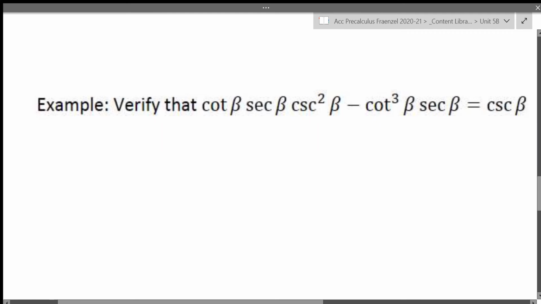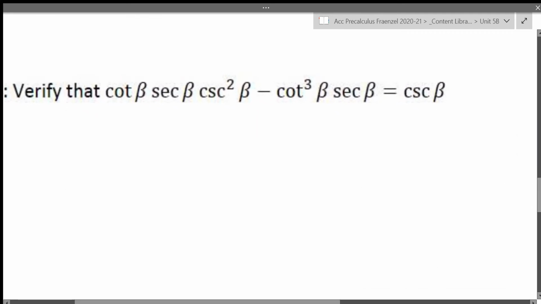All right, moving on. We have two more. Verify that. All right, let's do it. So here, I would just want to say cosecant beta is the reciprocal of sine, right? So this should be 1 over sine beta. And then if we rewrite all of these in terms of sine and cosine, because it looks like we could factor secant here.